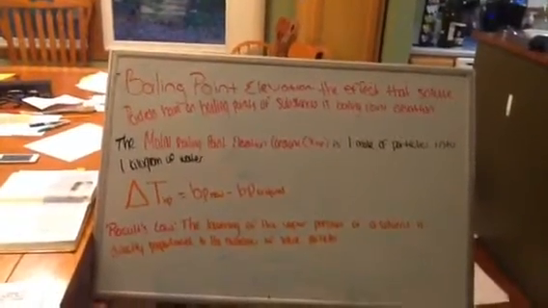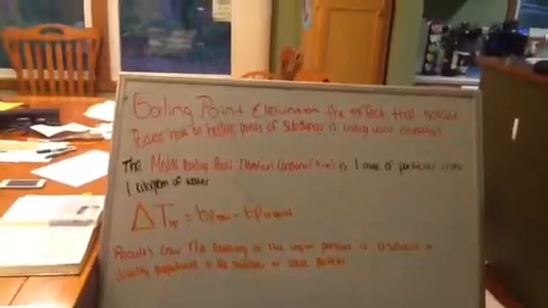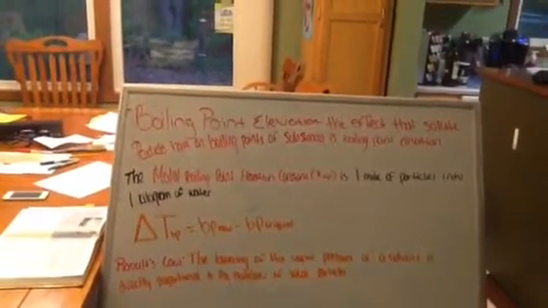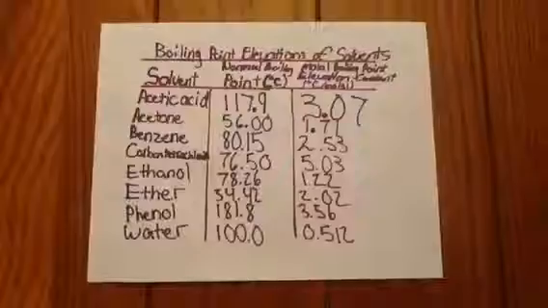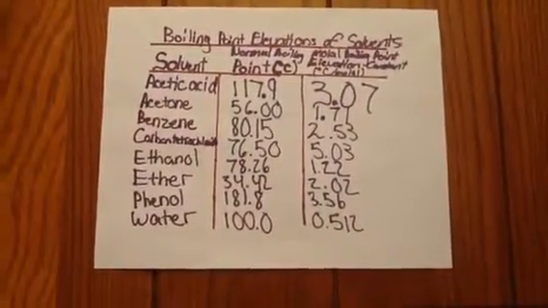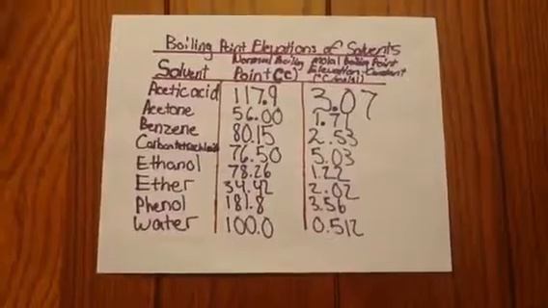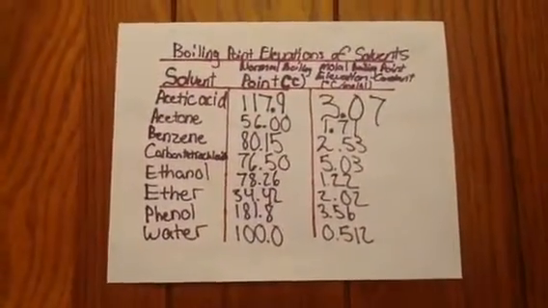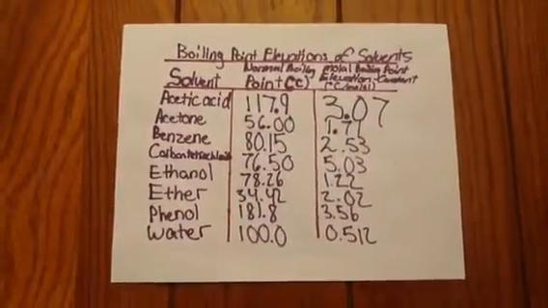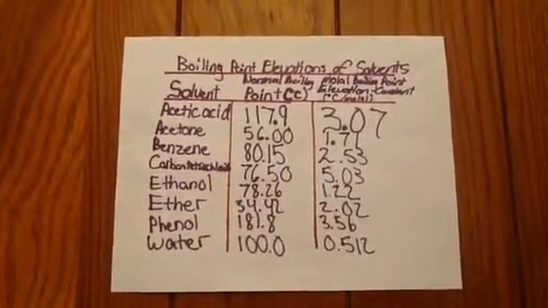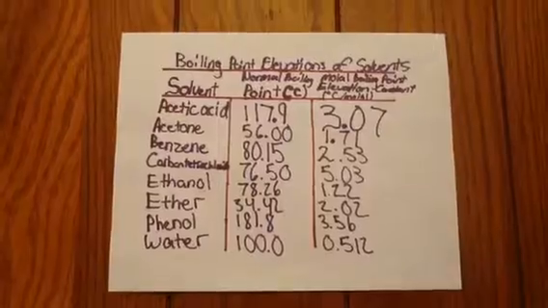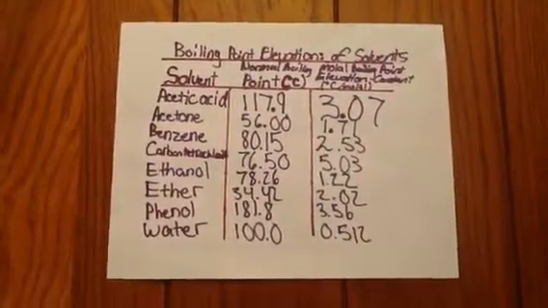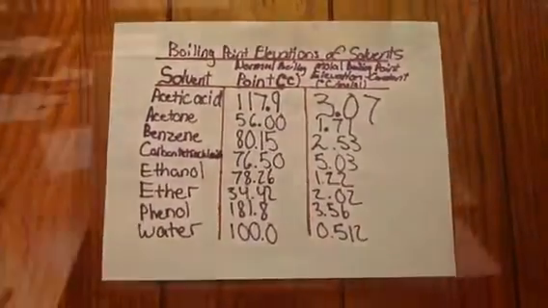As Raoult's Law states, the lowering of the vapor pressure of a solvent is directly proportional to the number of solute particles. As listed below on the chart is the boiling point elevation of these following solvents: acetic acid, acetone, benzene, carbon tetrachloride, ethanol, ether, phenol, and water.